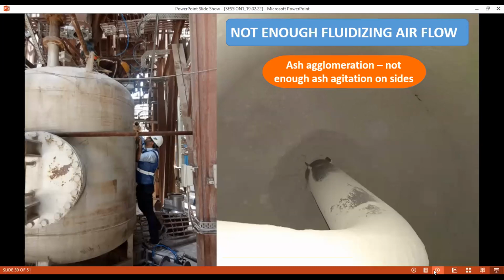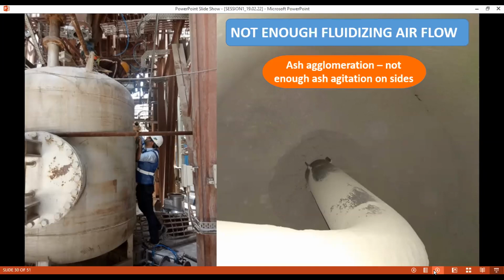Now you have to understand, in the top discharge blow tank, the majority of the air that goes to the blow tank, majority or all, is from the bottom of the blow tank, via the fluidization pad. So if the fluidization pad is not allowing enough air, or you have even less air in the first place, what will happen? The ash will not be agitated to come out of the blow tank, and so you will have problems.